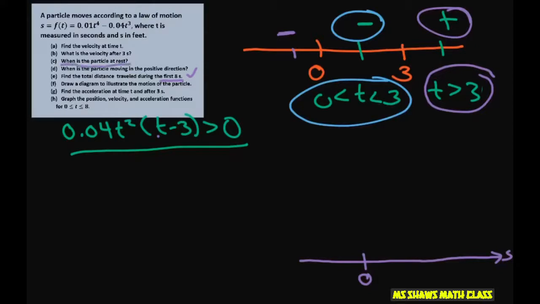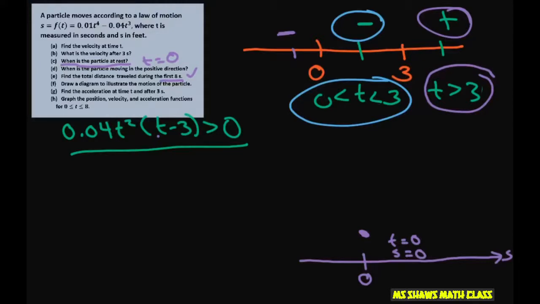We want to look at where the particle is at rest. It's at rest at t equals 0. At t equals 0, you plug that in and you start here. At this point, we're at t equals 0 and s equals 0.